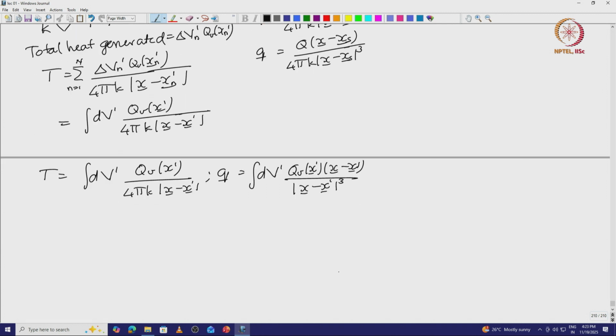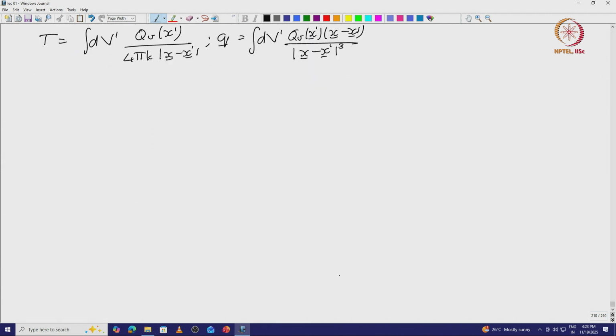So, that is the temperature field for a distributed source.